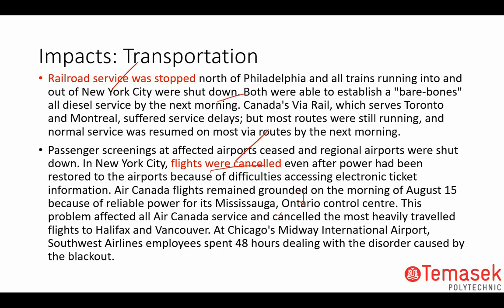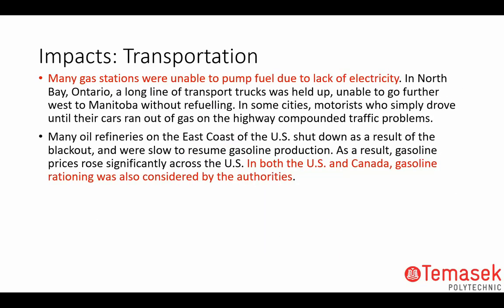Of course, there are a lot of other things along the way. If you see over here, not just the US, Canada and Vancouver are also being affected. Then the next thing is the gas station. Many gas stations are not able to pump. You don't think gas requires electricity?